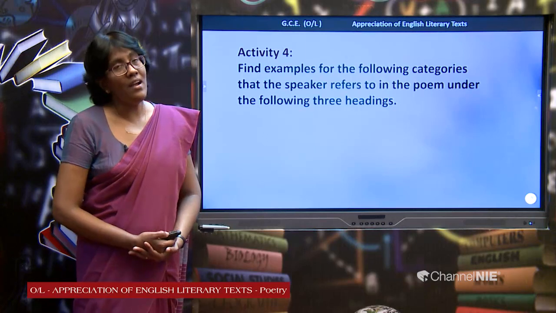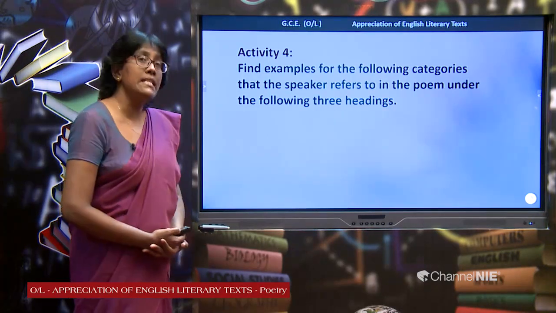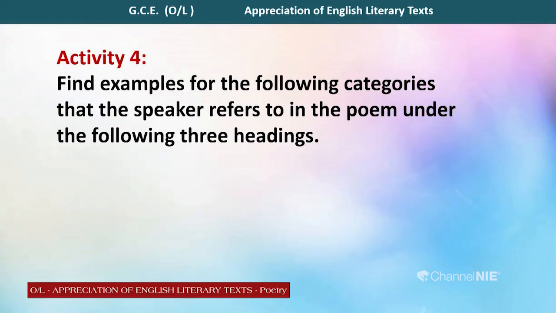Good. I'm going to give you another exercise. Find examples for the following categories that the speaker refers to in the poem under the following 3 headings. Though I read the question for you, I'm going to verbally ask you, please find 3 things which you come across in the poem. People.